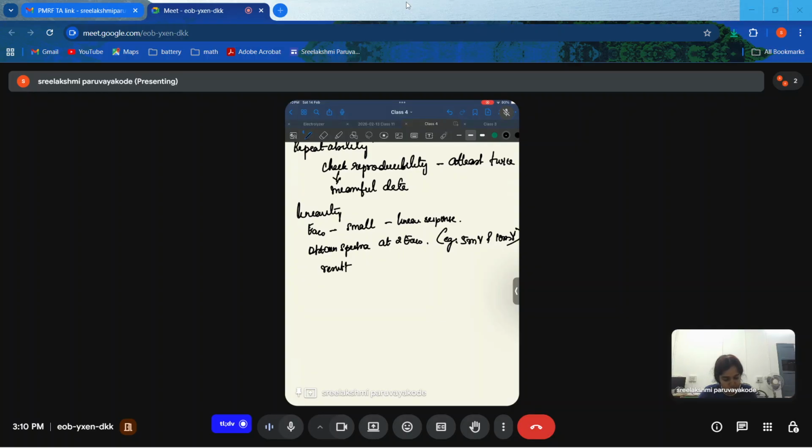The EIS result should match within the noise limit. In that case, we say that EAC naught is small enough and the system response is linear.